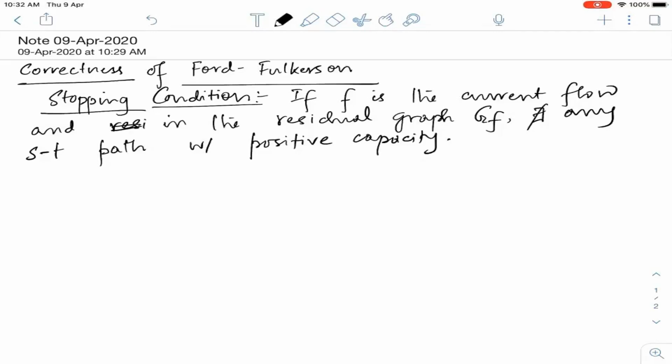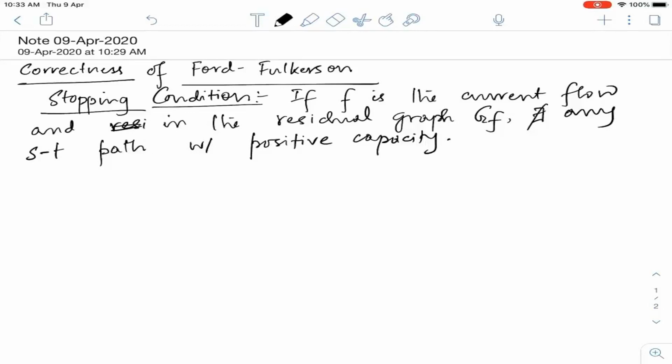Okay, so that's our stopping condition. If on any iteration we find that this is happening, then we just end the algorithm there. Now, what's the guarantee that if this happens, then F is really the maximum flow in this network? That's what we are going to prove today.